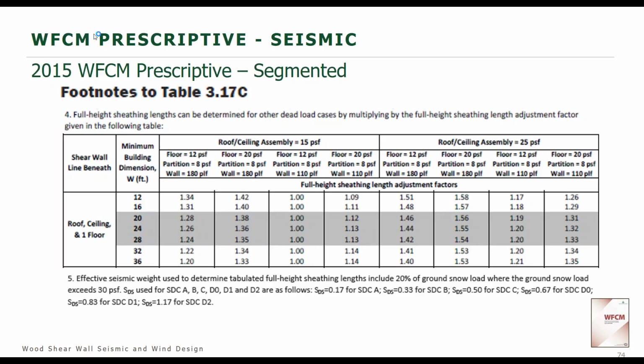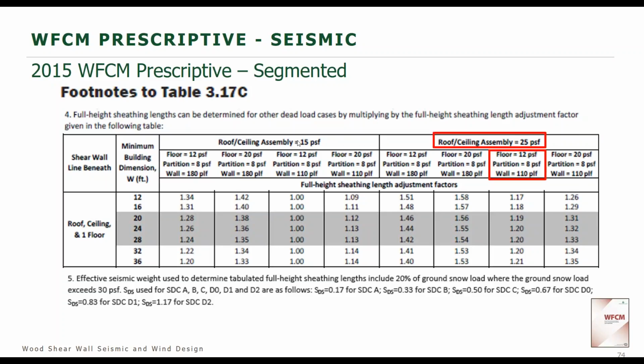So in the footnotes to Table 317C, footnote 4 states that the sheathing lengths can be determined for other dead load cases by multiplying the length by an adjustment factor. So this is a handy table if you have something other than the baseline that we showed previously.